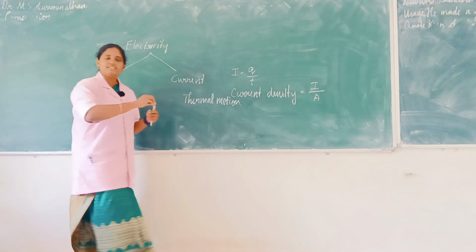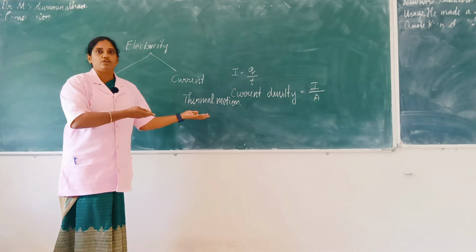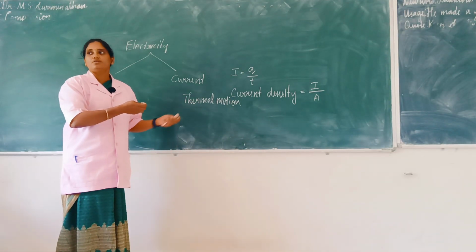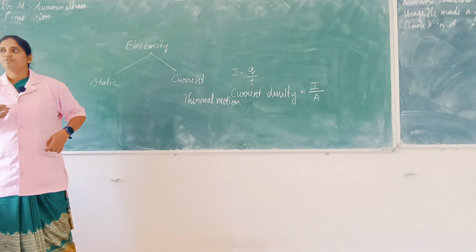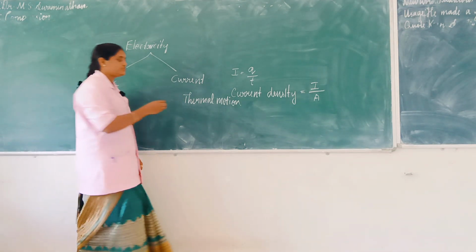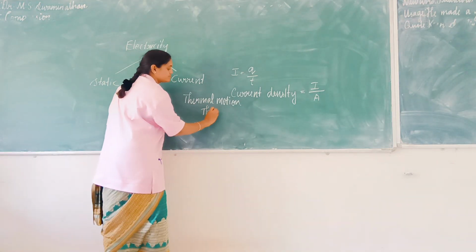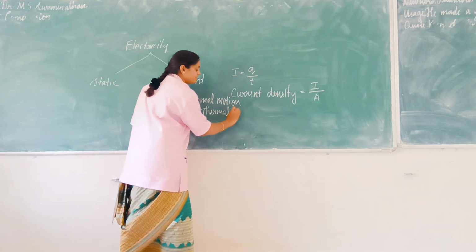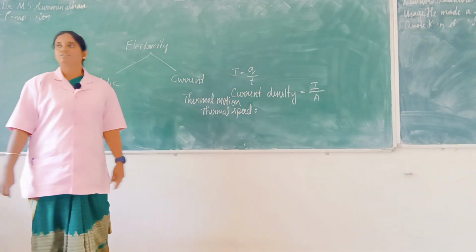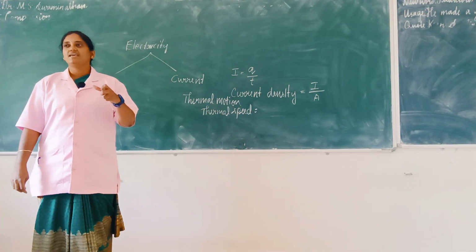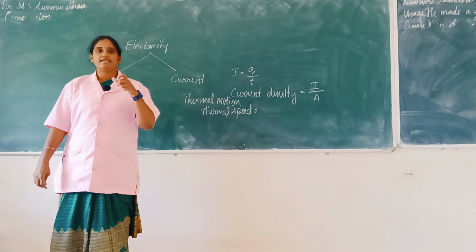If it is moving, obviously it has some velocity, isn't it? What is that velocity? That is called thermal velocity. Thermal speed we consider, and because of this thermal speed we can calculate the internal energy of that electron.